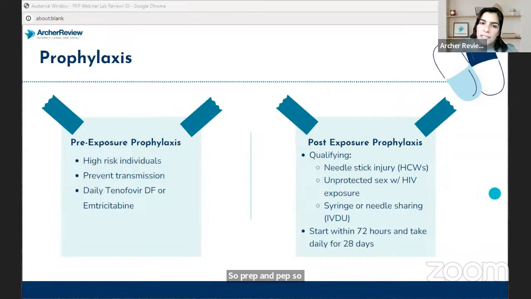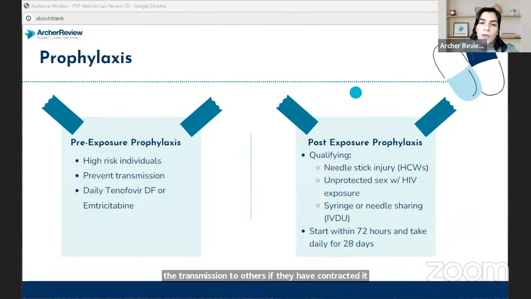The medications are the same, but the duration, the frequency is a little bit different. But you want to be thinking about these medications in patients who are having sex with men, multiple sex partners, drug users, basically at high risk, those high-risk individuals we talked about. Because the goal is we want to prevent them from contracting HIV, and then we also want to prevent the transmission to others if they have contracted it and they're passing it on to other people.